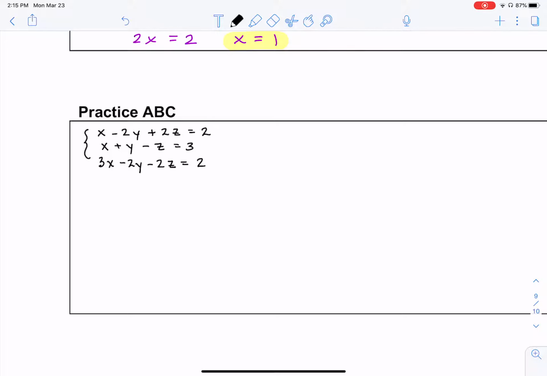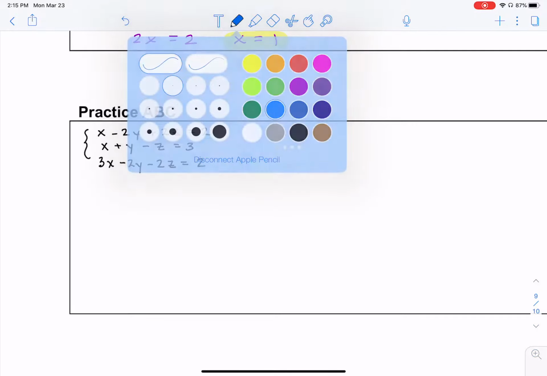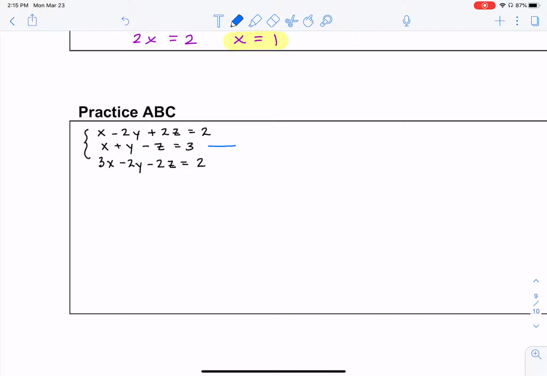Okay, so first thing I noticed is if I look at the first equation and the second equation, that I would actually be able to eliminate both y and z just by multiplying 2 to the second equation. So I'm going to do that over here to the side.